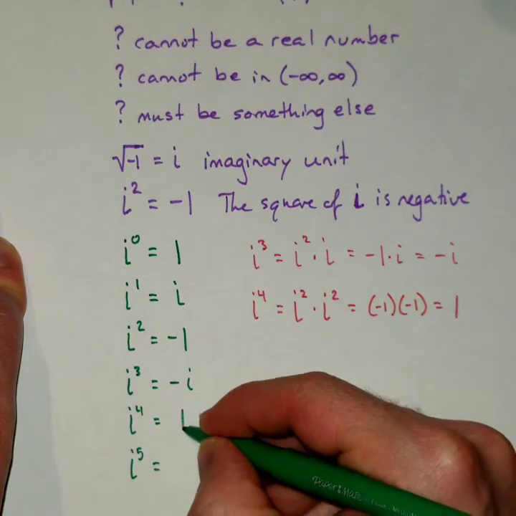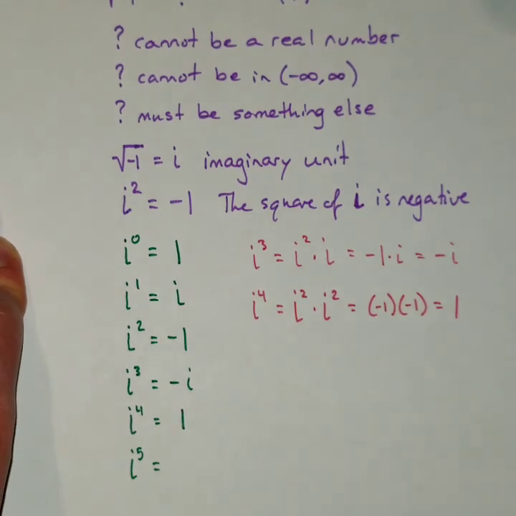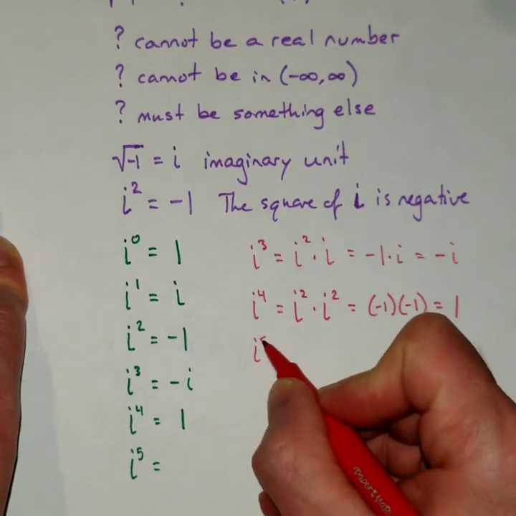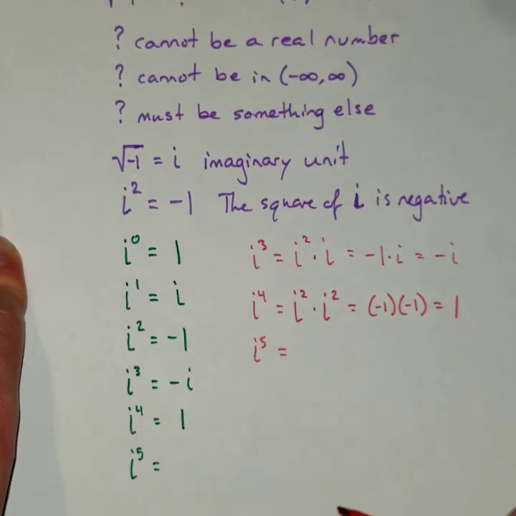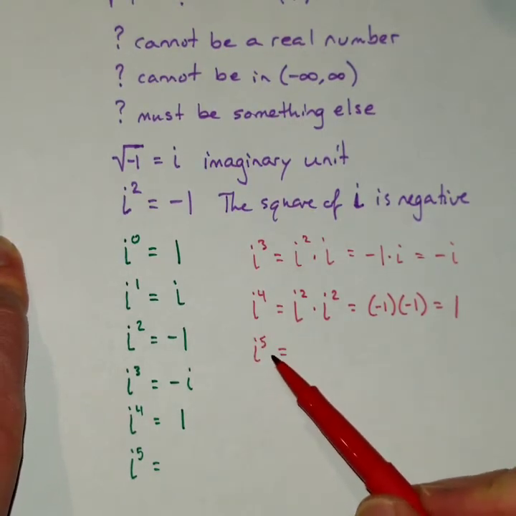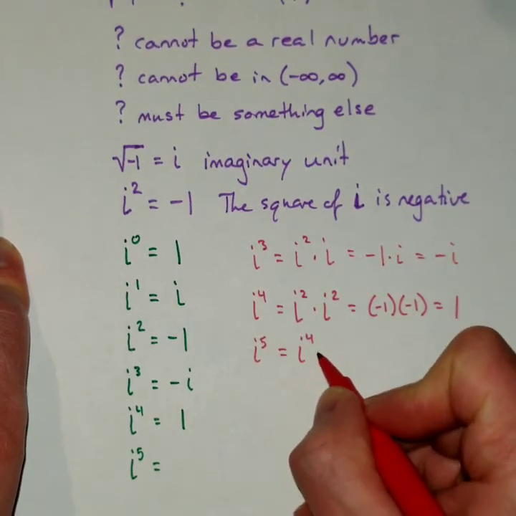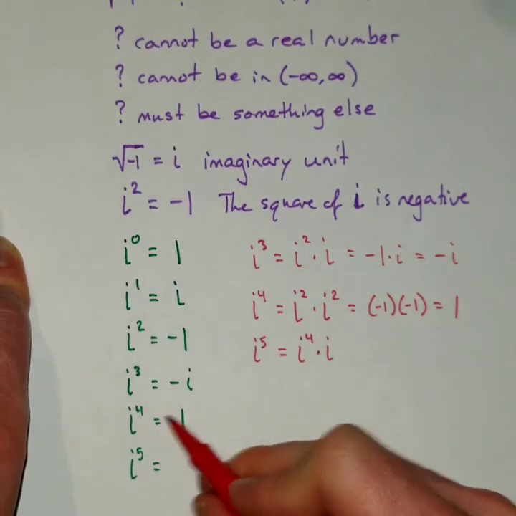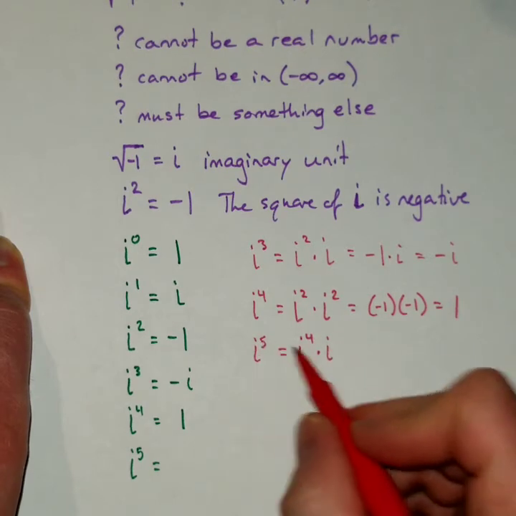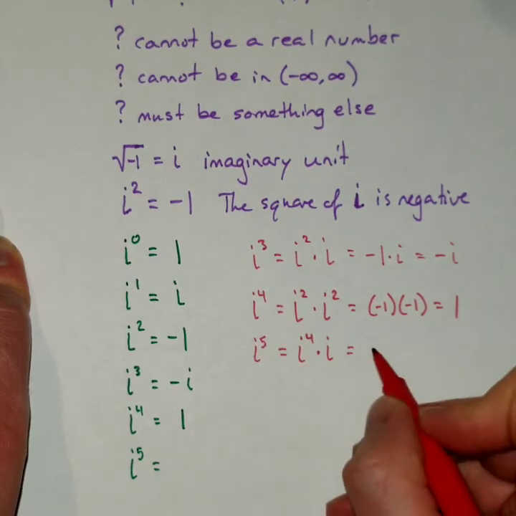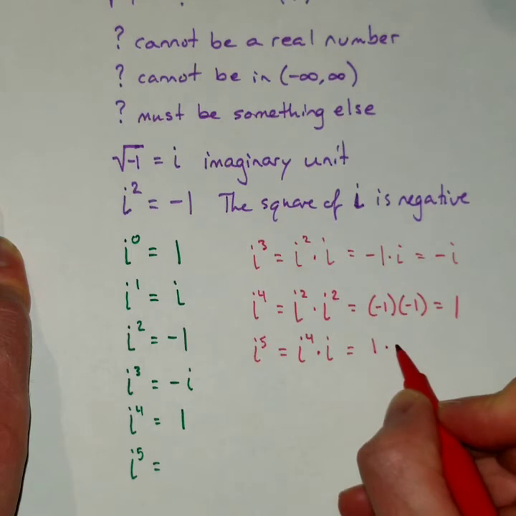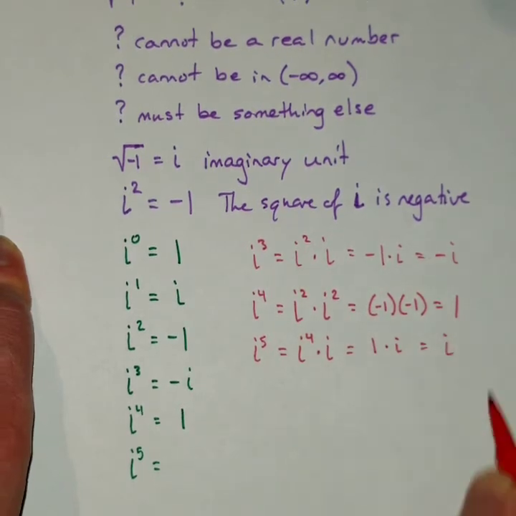And i to the 5th, just to show you one more here and then I'll give you the pattern. You probably are seeing it already. i to the 5th could be seen as i to the 4th times i, right? If you add the 4 and the 1, you get 5. i to the 4th we already know is 1, so that's 1 times i, which is just i.